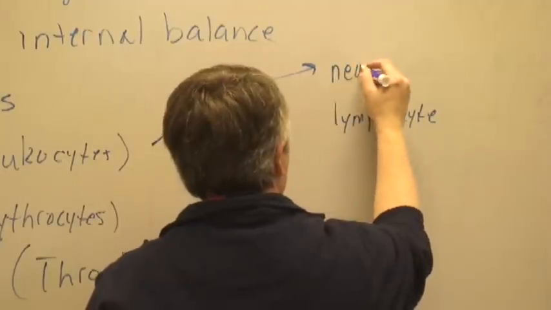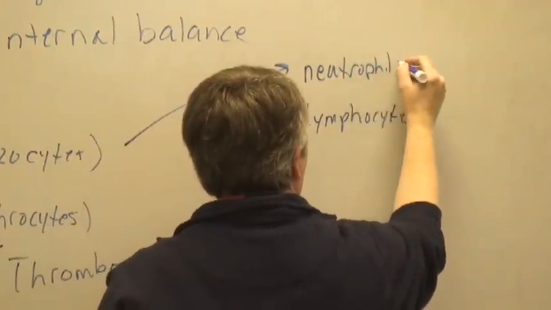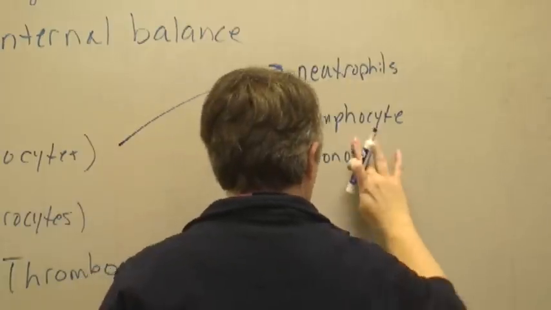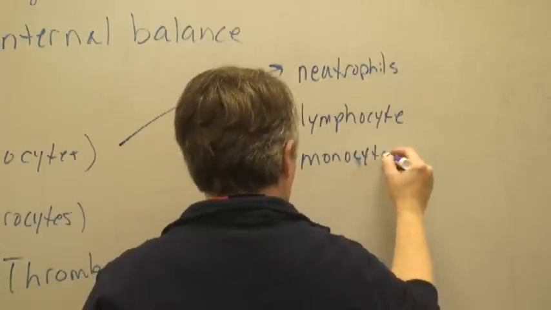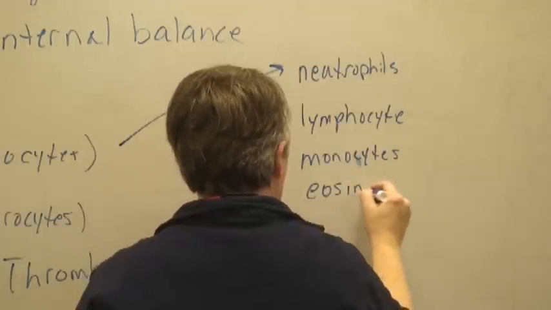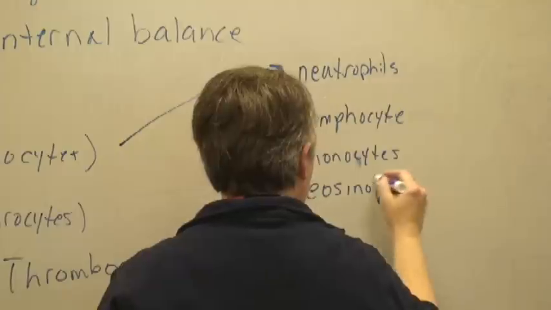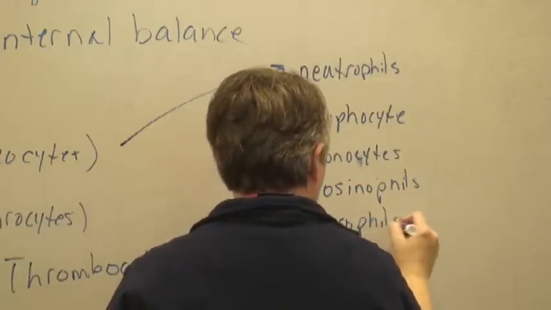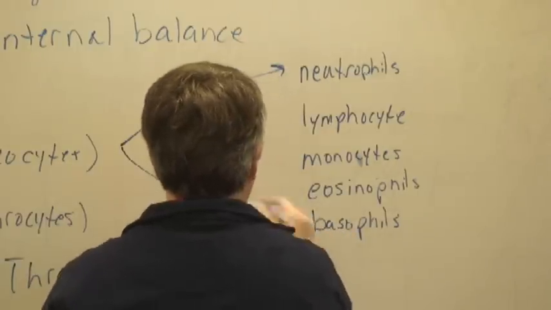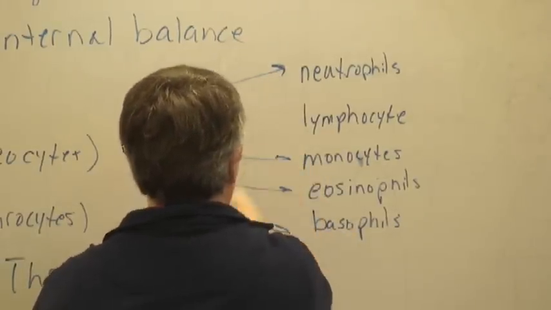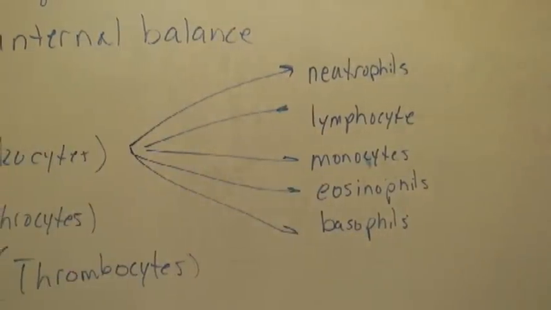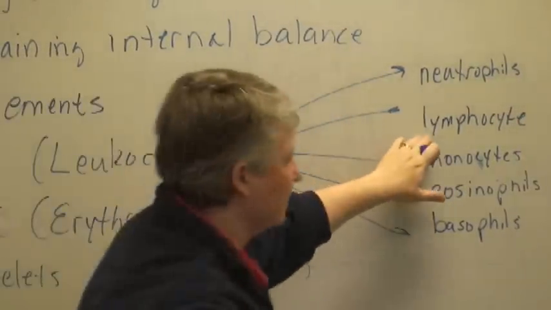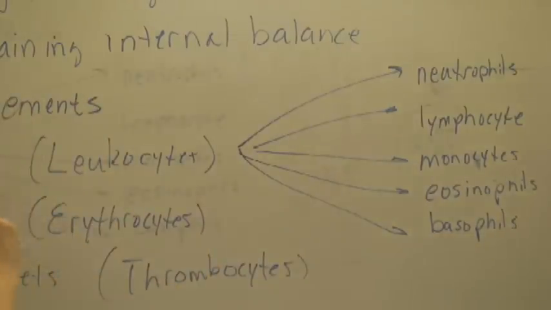You've got neutrophils, lymphocytes, monocytes, eosinophils, and basophils. Five types of leukocytes. A lymphocyte is a type of leukocyte.